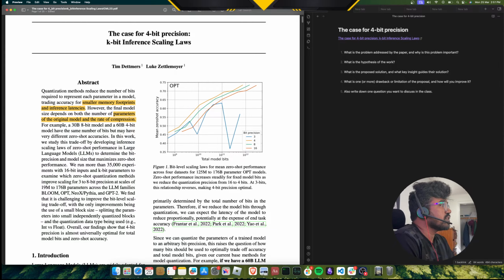Basically, they're trying to see the optimal combination of the model size you want, the compression you want, and the bit size you want.